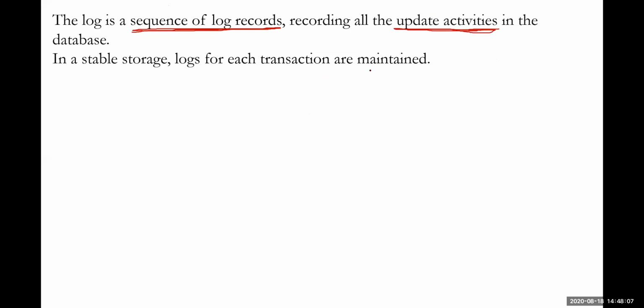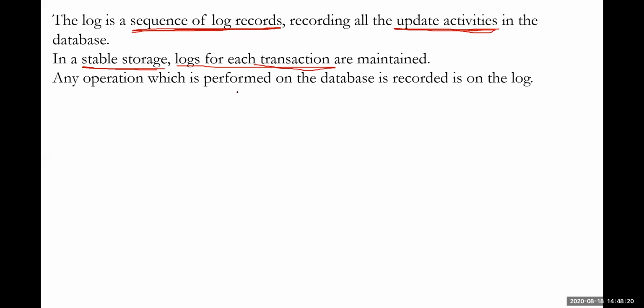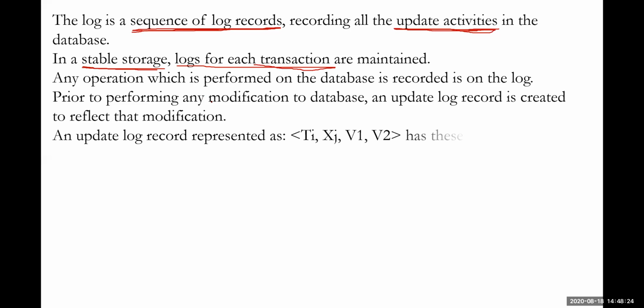What are the points you have to consider here? Stable storage, in the sense of read-only memory or hard disk, is used to maintain these logs. And what operations do we have to note down? Look at this, these are the specifics. Each and every row has this many values.